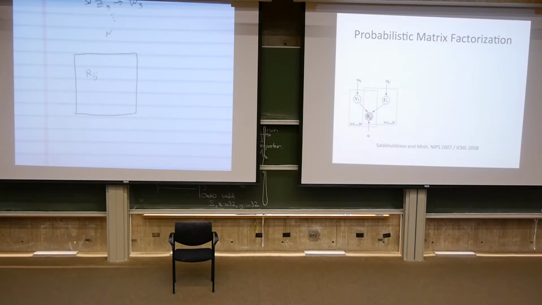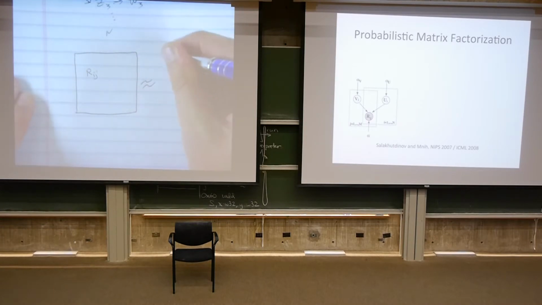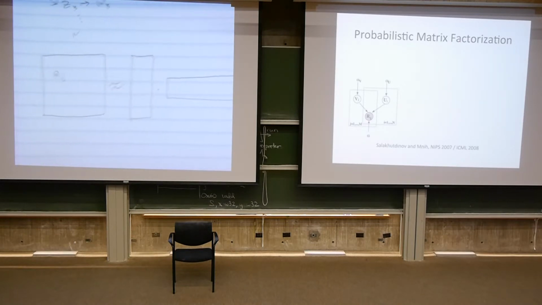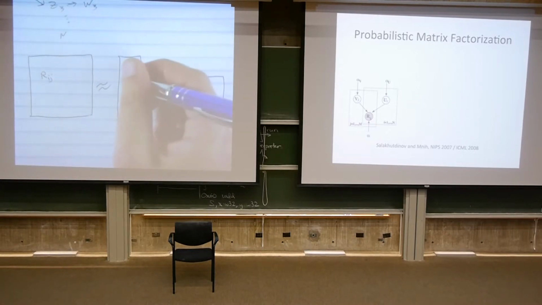So first of all, if it's low rank, that means you can write it as the product of a tall, skinny matrix and a fat matrix, right? So that means that each entry Rij is the inner product of some row Ui and some column Vj.